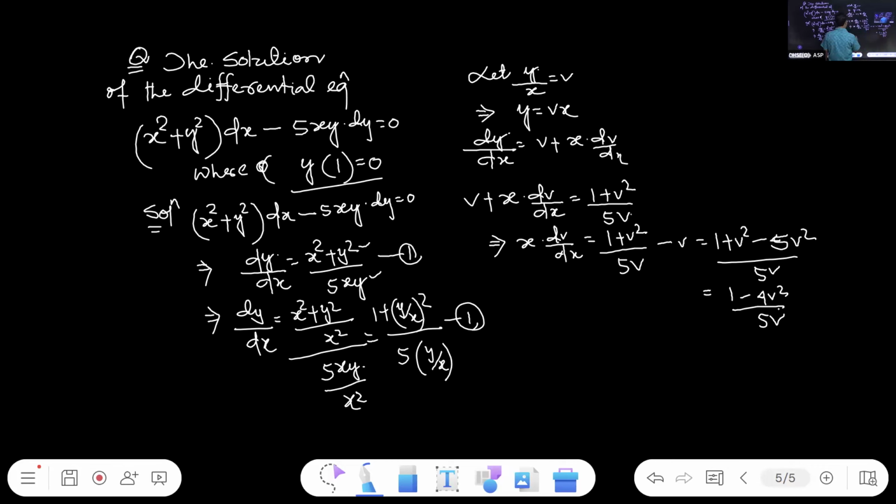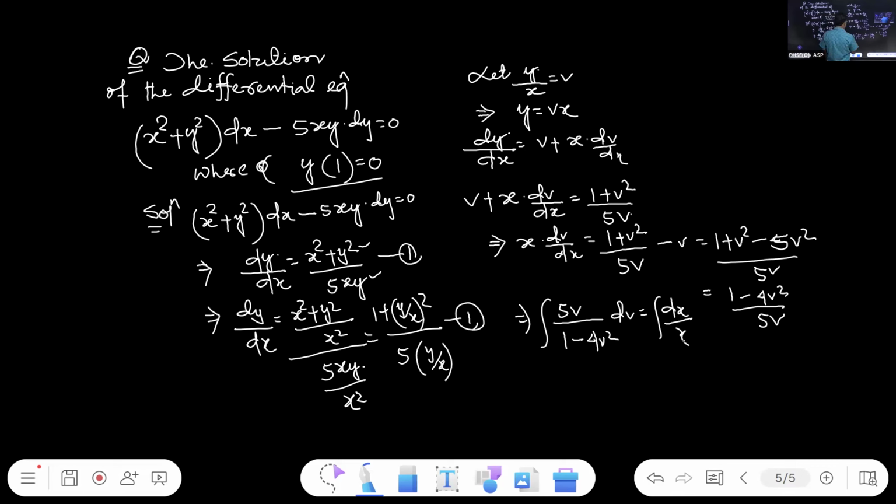So you can write this implies integral 5v upon 1 minus 4v square dv is equal to integral dx upon x. Clear? So derivative of 1 minus 4v square is equal to minus 8v.